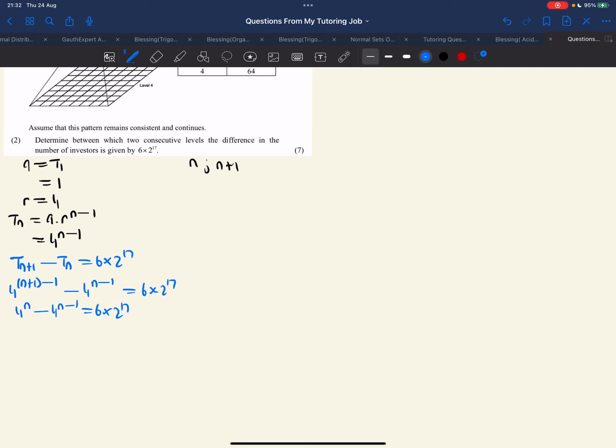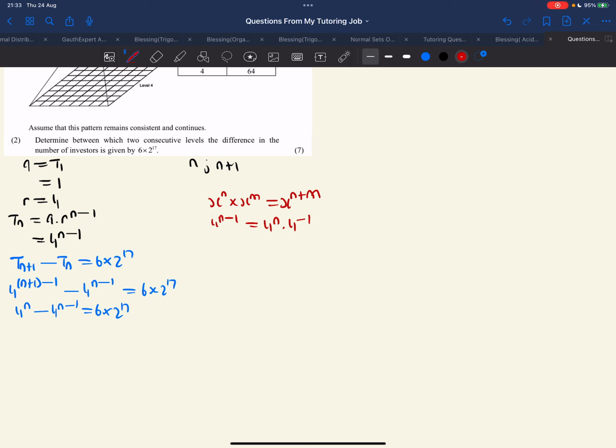Now what I want you to remember is that according to exponential laws, if you have x to the power n multiplied by x to the power m, you're going to get x to the power n plus m, right? Now to separate 4 to the power of n using that rule, it is going to be 4 to the power of n multiplied by 4 to the power of minus 1.